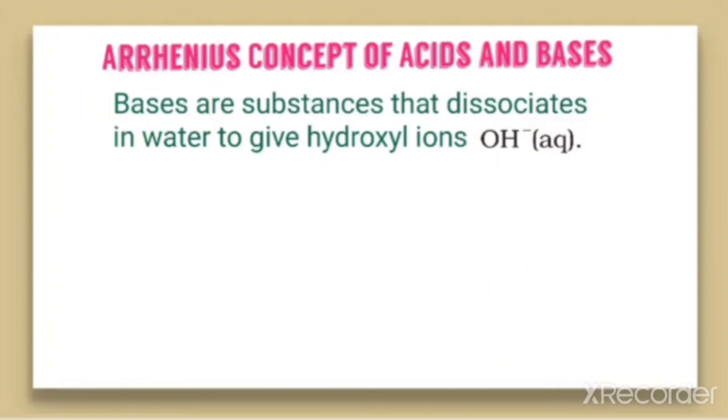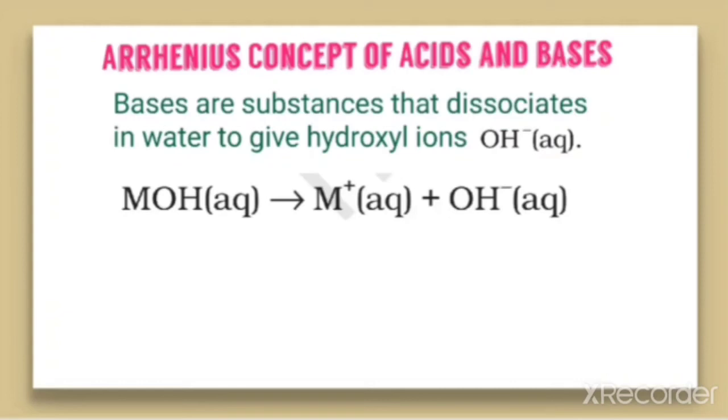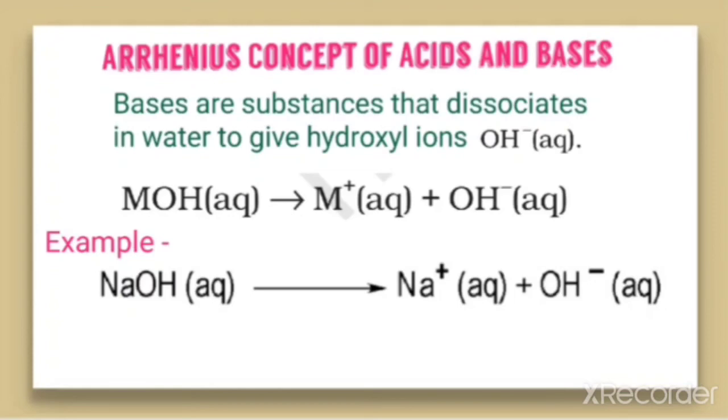Let us take one general equation: MOH in the aqueous condition gives M plus and OH negative. That means it dissociates in the aqueous condition to give the metal ion, and the hydroxyl ion is formed. Therefore we call MOH a base.